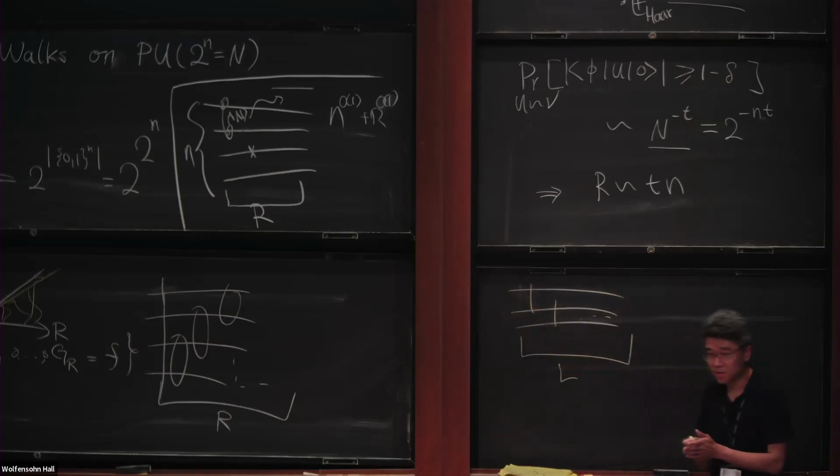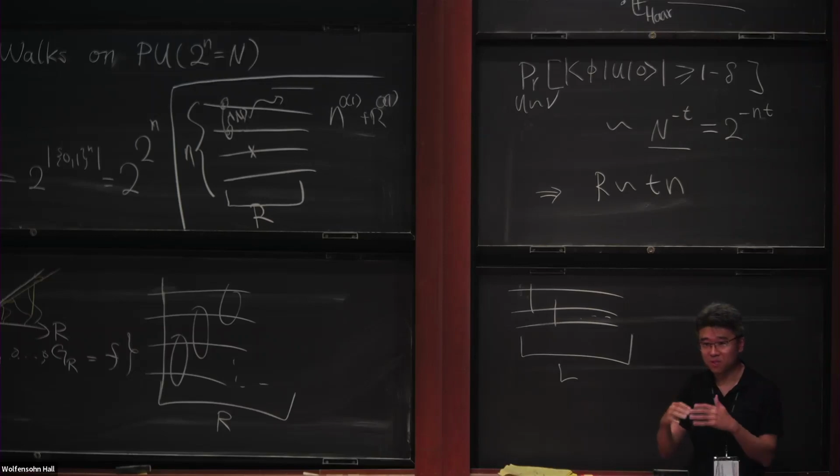Suppose I have a random circuit consisting of L gates. And then as a function of L, my distribution of the L random gates will define a distribution over the entire unitary group.